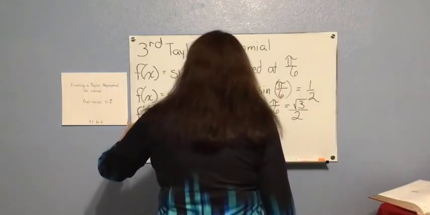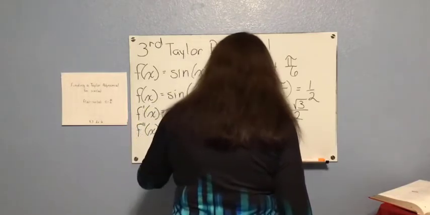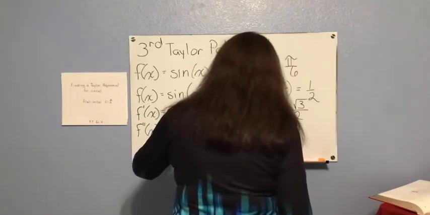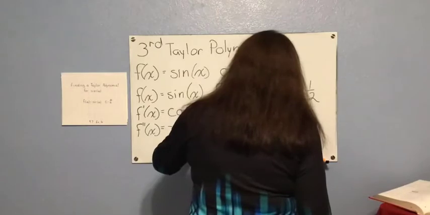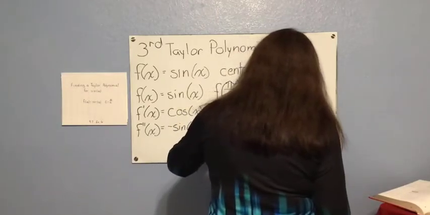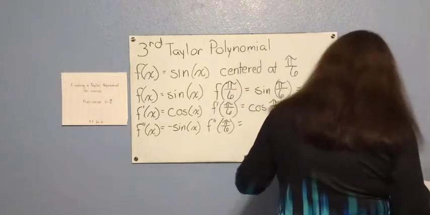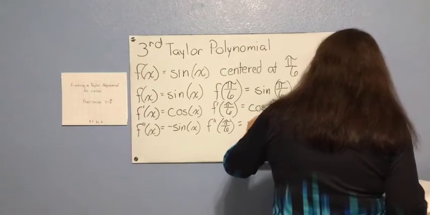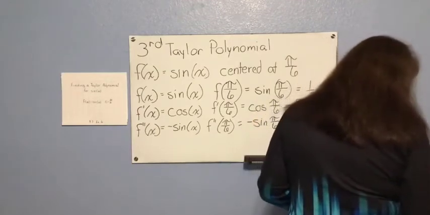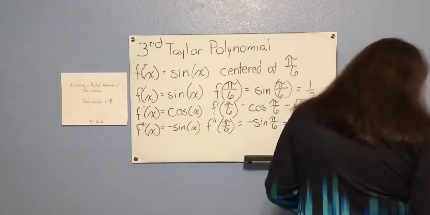The second derivative is negative sine of x, so that the second derivative is equal to negative sine of pi over 6, which is negative 1/2.